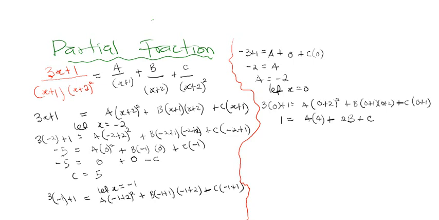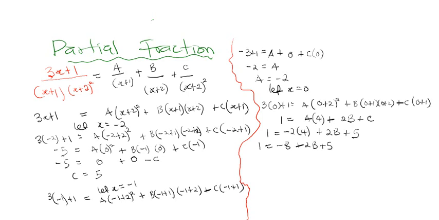Moving forward, we have 1 is equal to 4a plus 2b plus c. Now let's go to our values. The value of a is negative 2, so negative 2 times 4, plus 2b, since we don't have b yet, then plus our value of c, which is 5. So we resolve, and we have 1 is equal to negative 8 plus 2b plus 5.